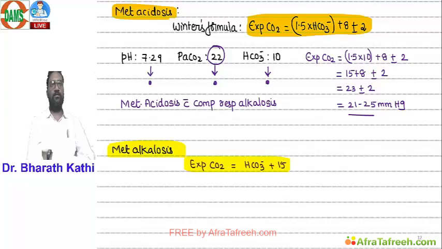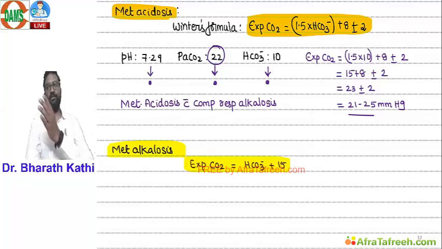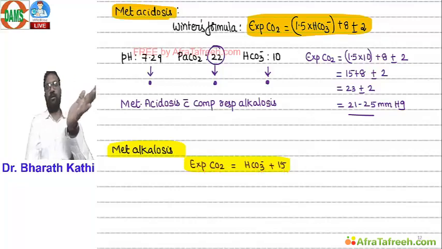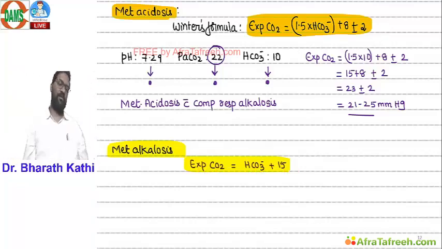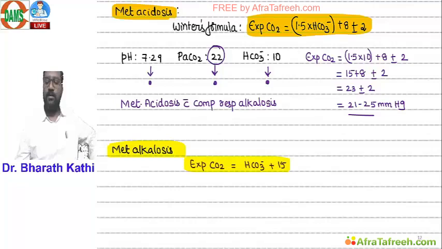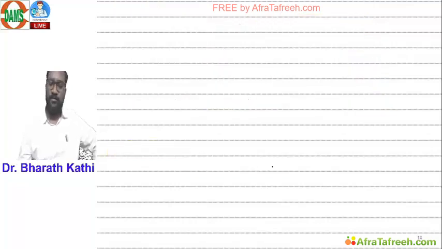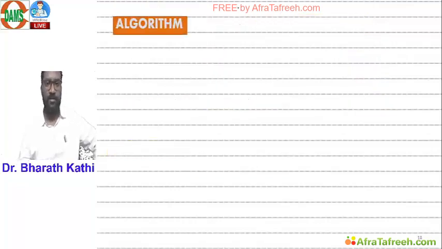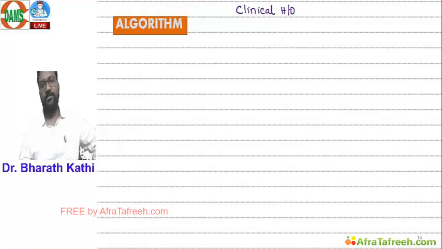Now, diabetic ketoacidosis, renal failure, diarrhea, all this can cause the same metabolic acidosis. But based on clinical history, the treatment for diarrhea, diabetic ketoacidosis, renal failure, all are completely different. That's why clinical history is very, very important in ABG. Before looking at the numbers, look at patient's clinical history.